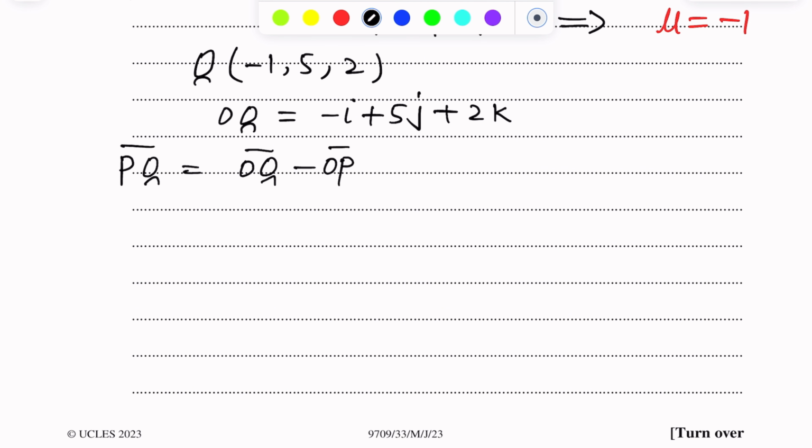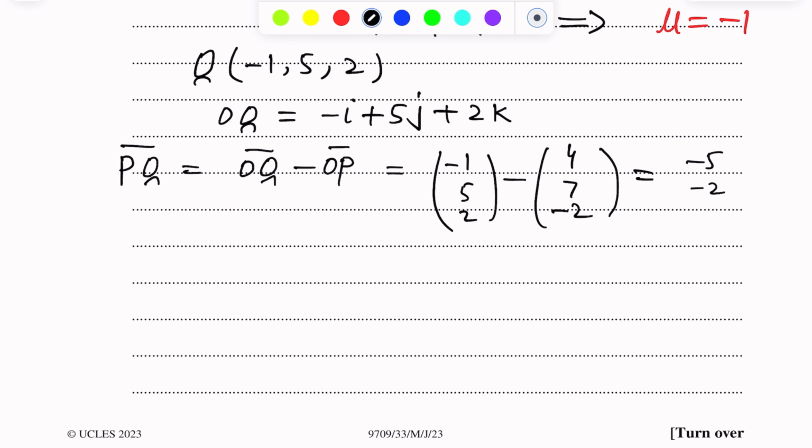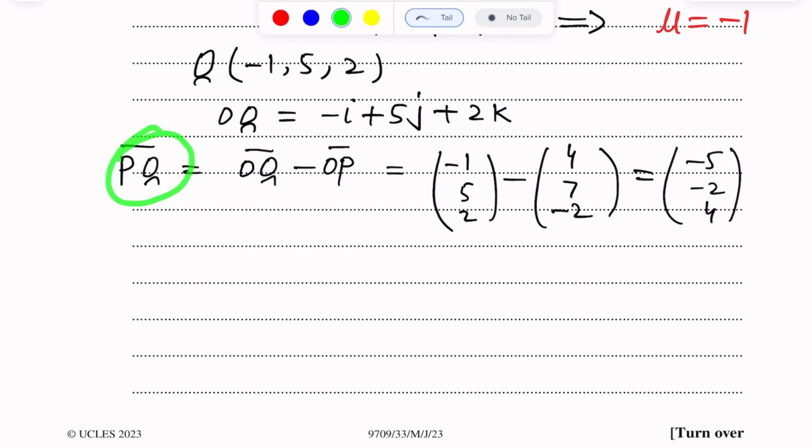OQ is minus 1, 5, 2, minus OP is 4, 7, minus 2. We get minus 5, minus 2, 4. This is PQ. PQ is minus 5, minus 2, 4.